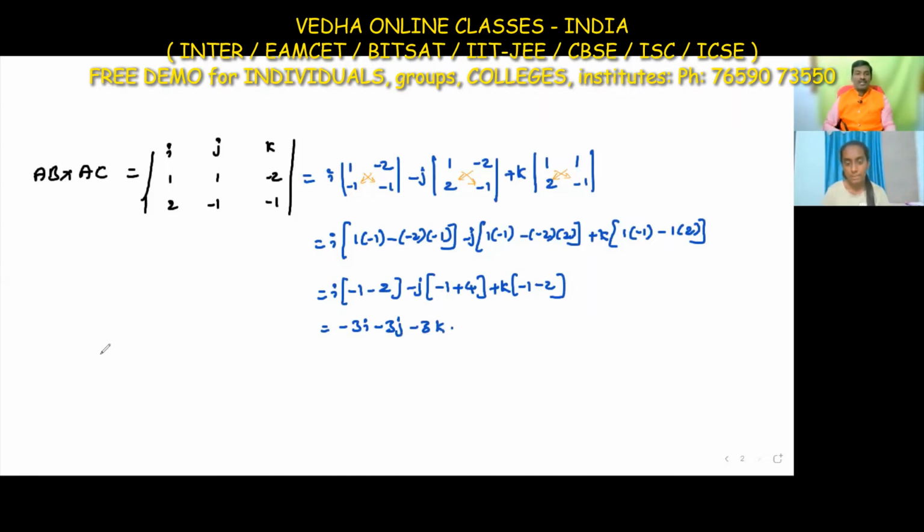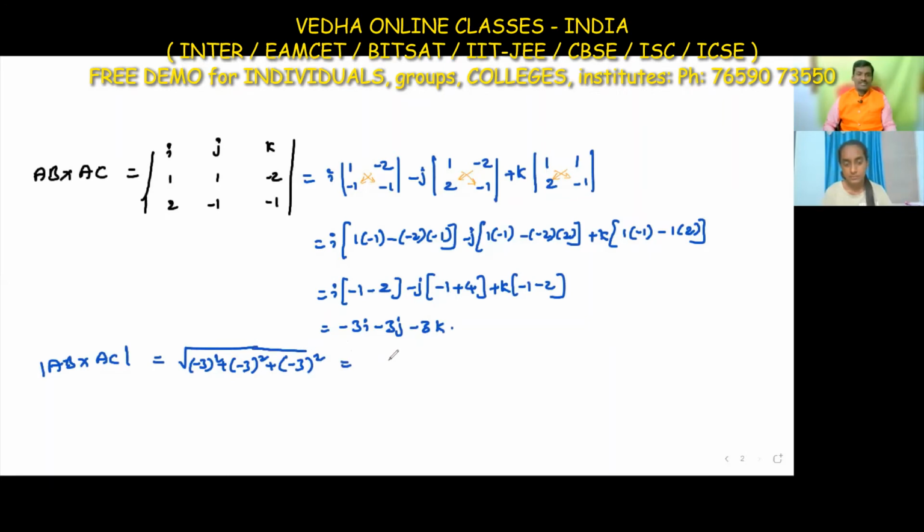Now find the magnitude of this. The magnitude is the square root of the i coefficient squared, plus the j coefficient squared, plus the k coefficient squared.